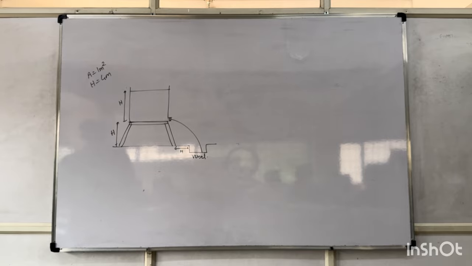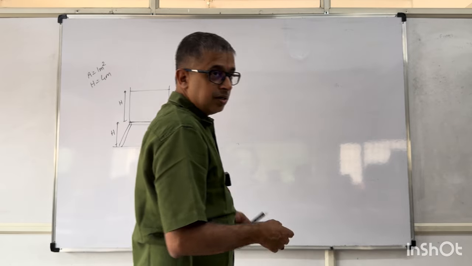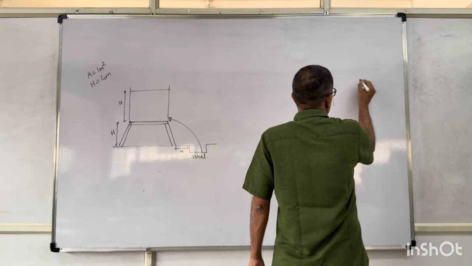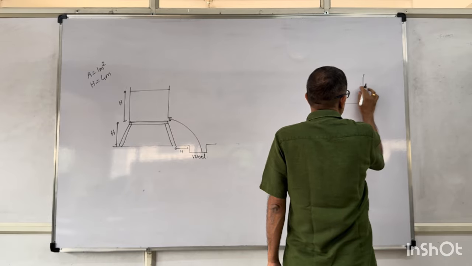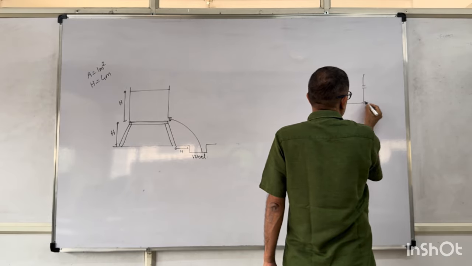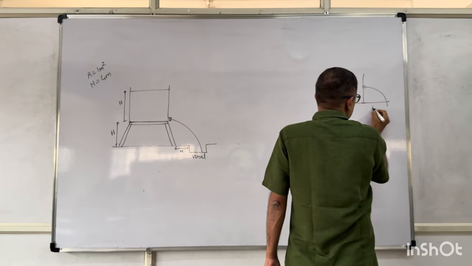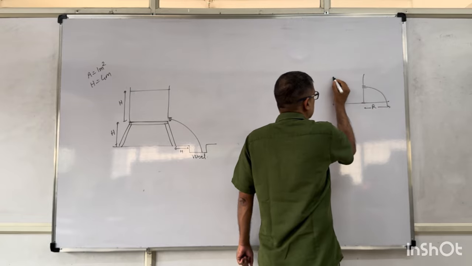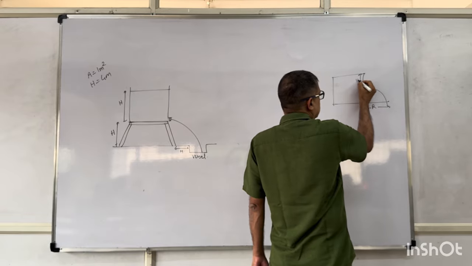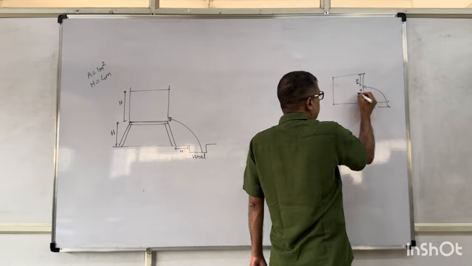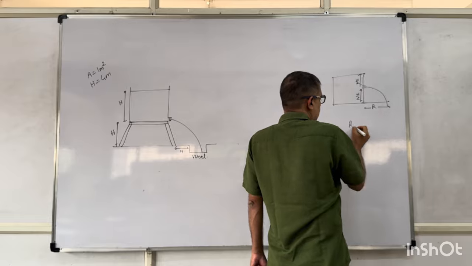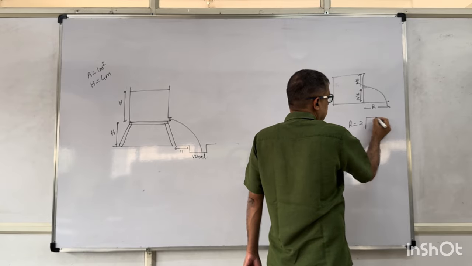By the way, just out of the way, this problem you will have to solve. When you told me that you dig a hole here, you told me range will be maximum, yes or no? At a height of h by 2, you told me range is maximum. What is the formula for range?